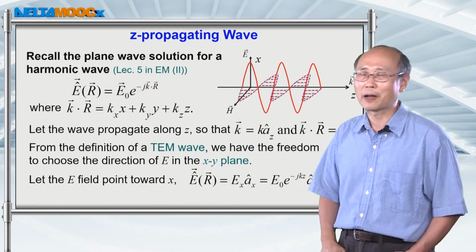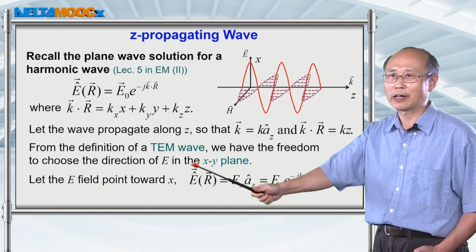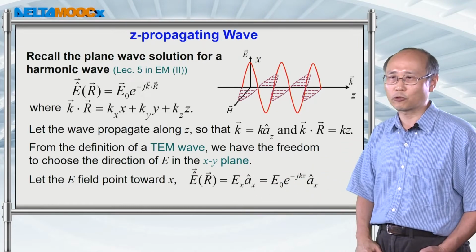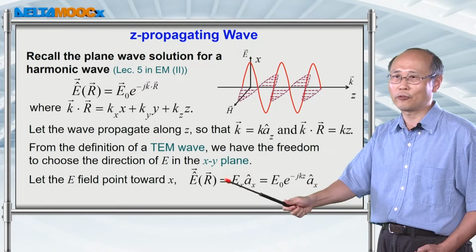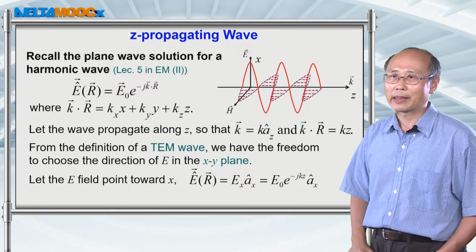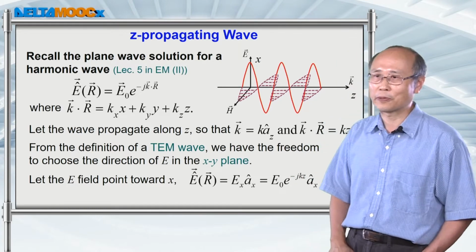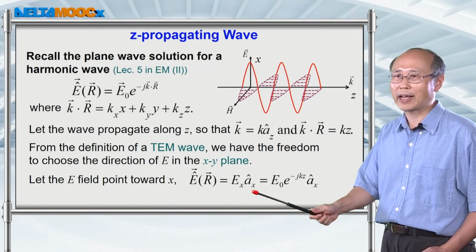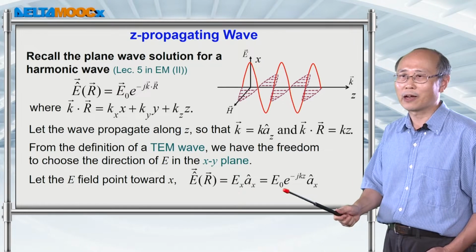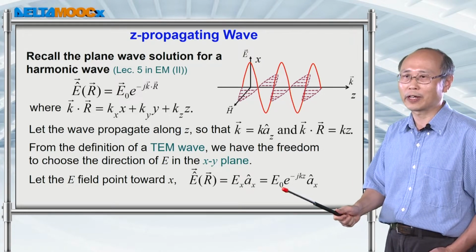So we know that the electric field is going to be in the xy plane. So we have the freedom to choose the direction for the electric field in this plane. And again, to simplify the discussion, we simply define the direction of the electric field along x direction. So we write down the expression for the electric field like this.